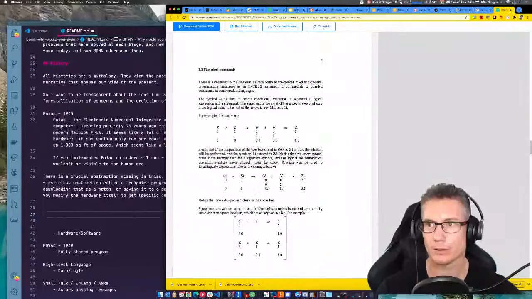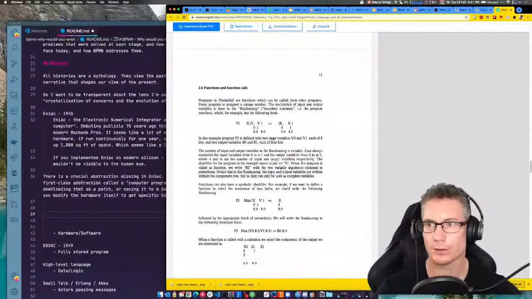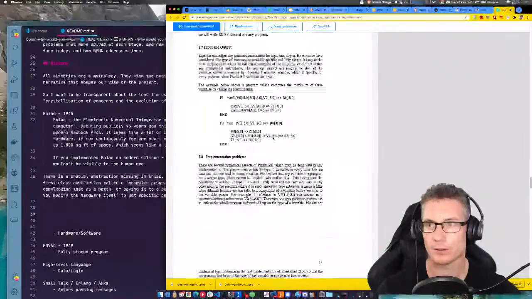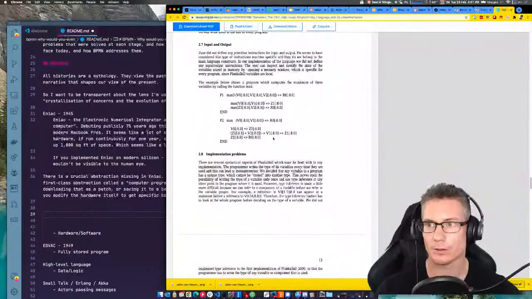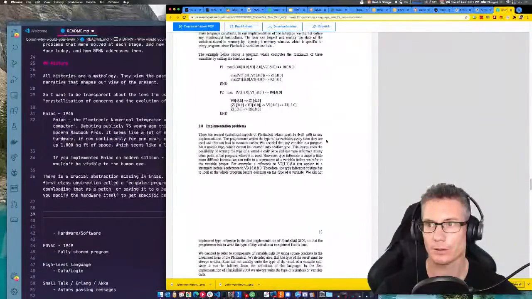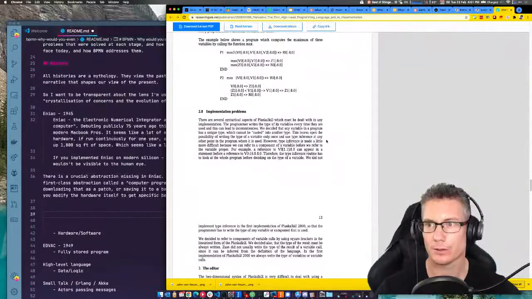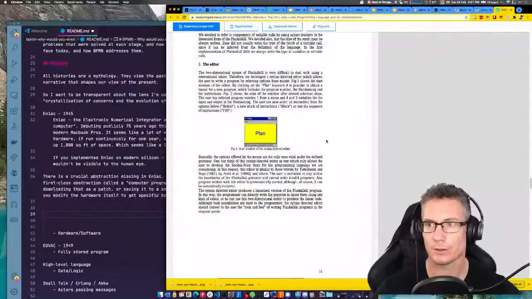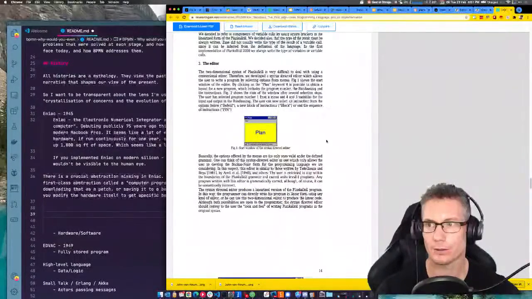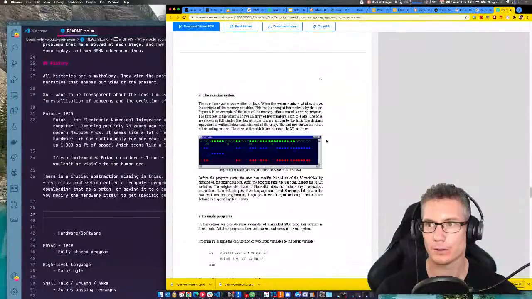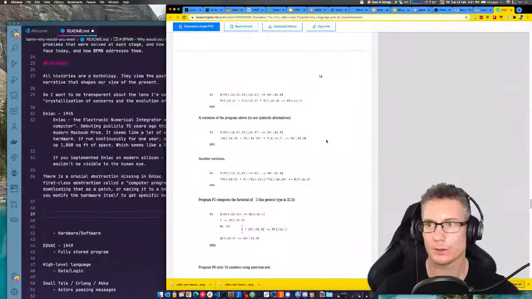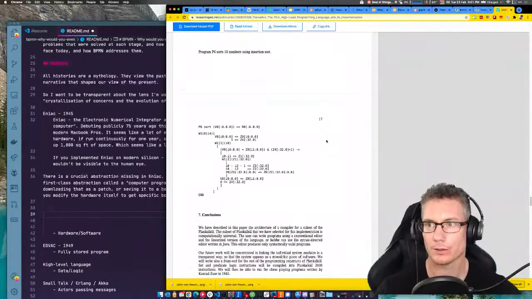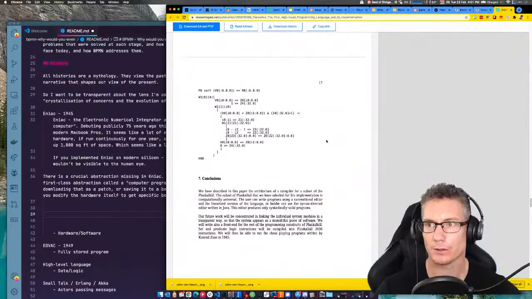What does a program look like? Guarded commands. Wow. Syntax directed editor. Computationally universal.